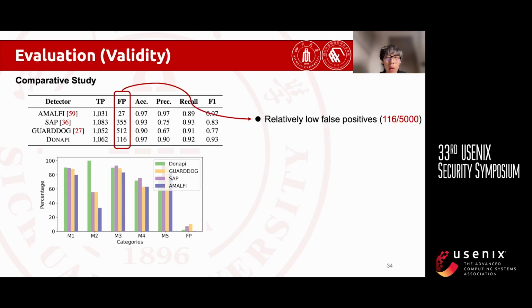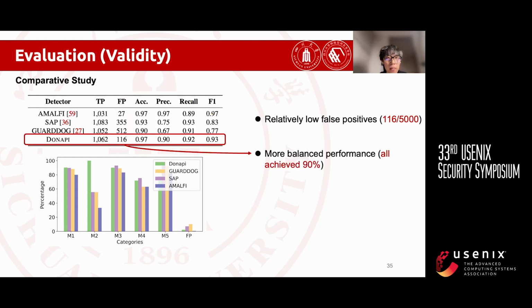As shown in the table, we can see that our work has a low FP, which is crucial for large-scale detection. Next, we can see DONAPI has a more balanced performance on all metrics, being able to achieve over 90%.